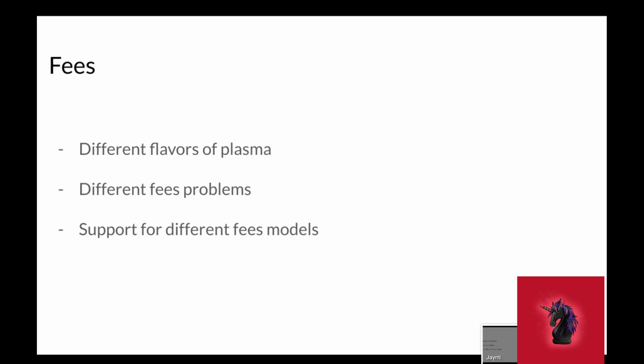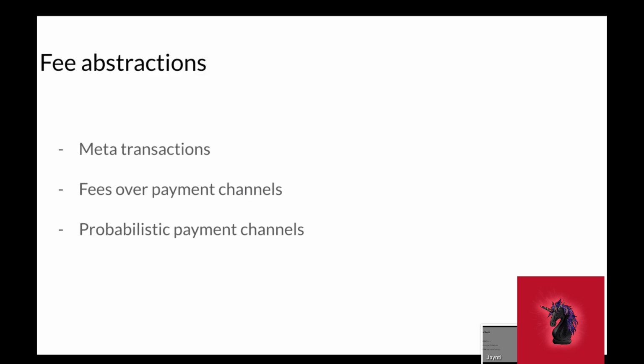So what we can do is use multiple things to extract the fees out of Plasma. What we have been thinking about is using 100% meta transactions. What do we mean by meta transactions? Think about Bitcoin or Ethereum transactions right now. What you can do is pay directly to the miner.